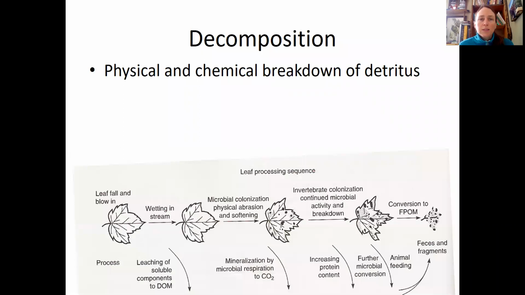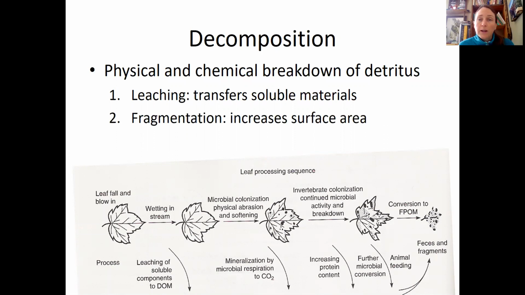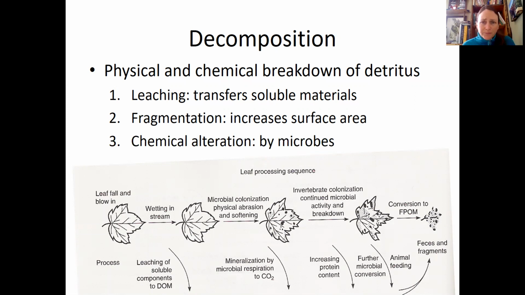So the decomposition process is the physical and chemical breakdown of detritus. And so there's first a leaching stage where soluble materials are just leached out. Then there's a fragmentation stage where you're having microbial colonization, and then the microbes start breaking things down and fragmenting the leaf, which increases the surface area and causes little rifts in the leaf, allowing other things to colonize.